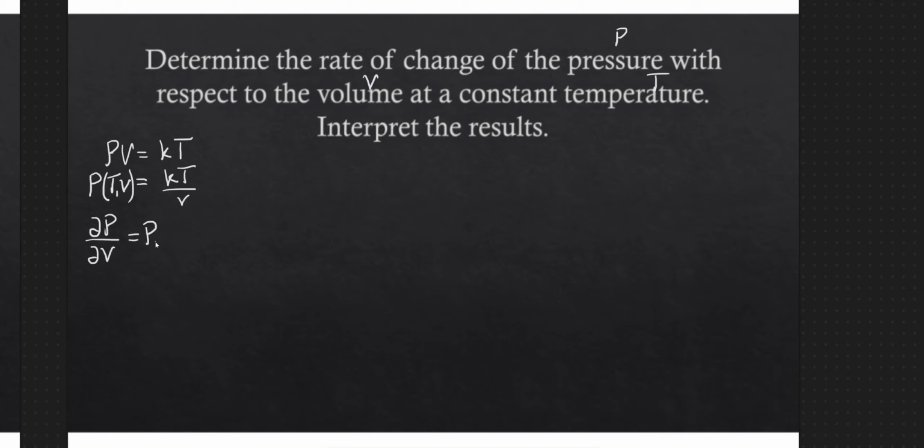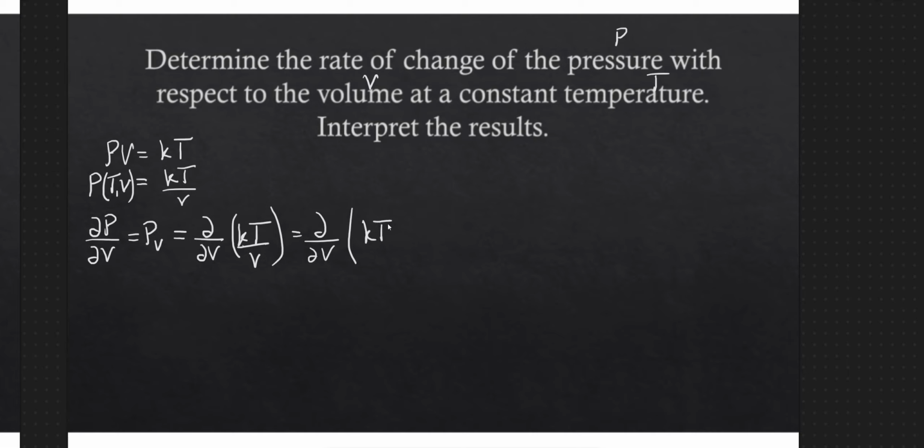Or if I want, I could write this as P sub V. That's going to be the partial with respect to volume of the equation we have here, KT over V. Now remember the V on the bottom is like V to the negative 1.